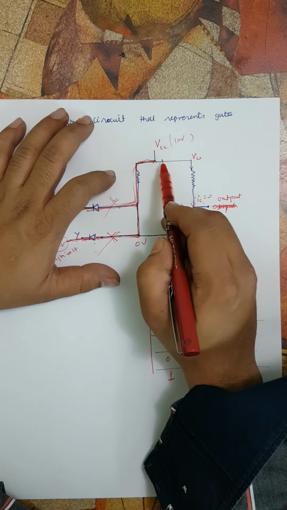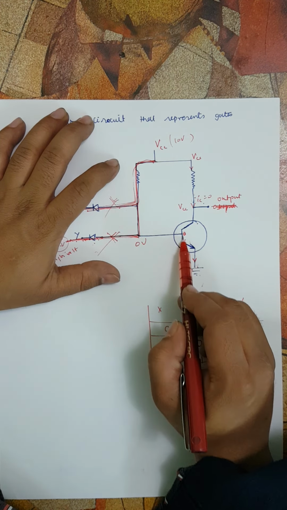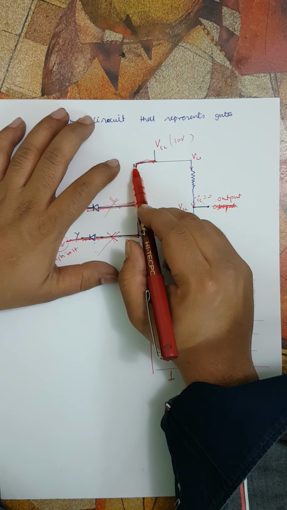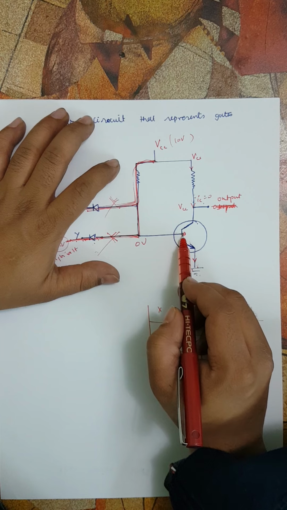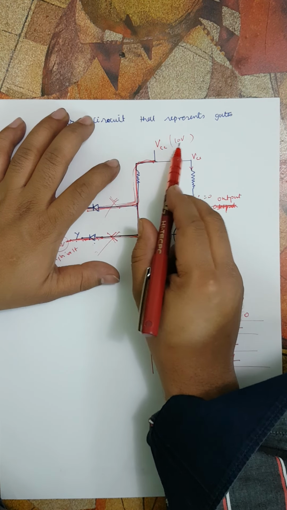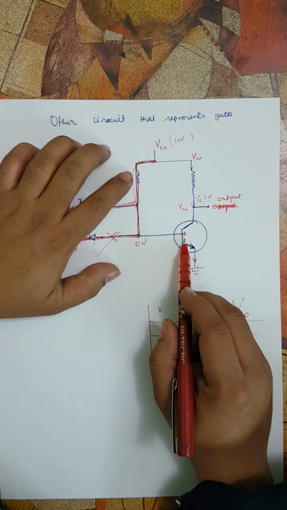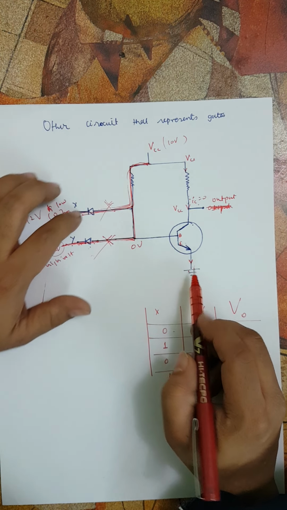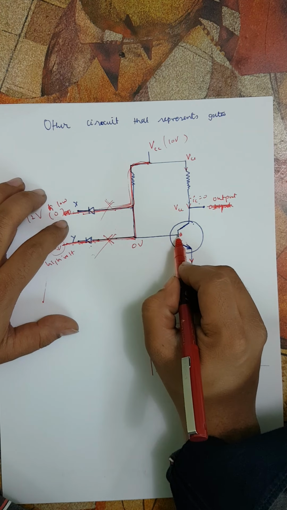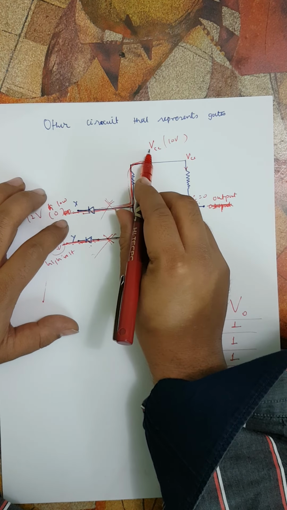But now you can see that there is a battery like this. This is forward biasing this base, because the base is connected to the high voltage with the help of this resistor, and with respect to the emitter, which is at 0 volt, the base is connected to a high voltage.